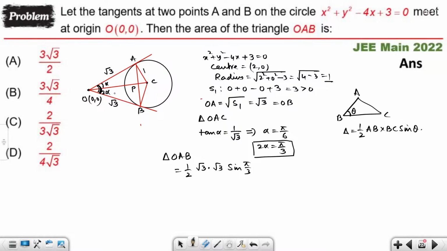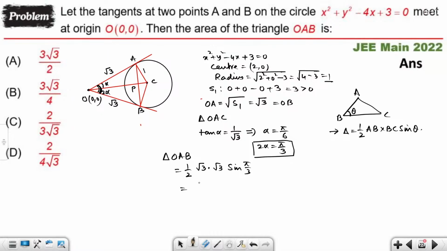So that's exactly what I have done for the triangle OAB. OA and OB we know, and we know the angle between OA and OB, which is pi by 3. So we have applied this formula for finding out the area of the triangle OAB.